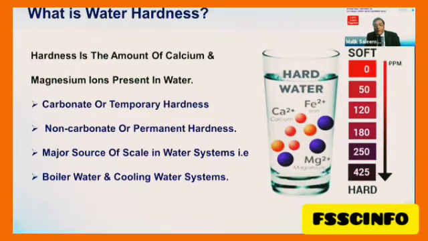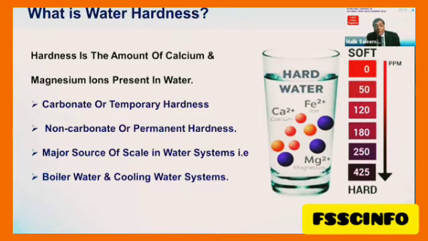That's why we need to soften the water. In Europe and America, and even in Pakistan to some extent, a trend has started to use soft water for residential purposes, and normally in industry for low pressure boilers and cooling towers. We have two types of hardness present in the water: temporary hardness and permanent hardness.